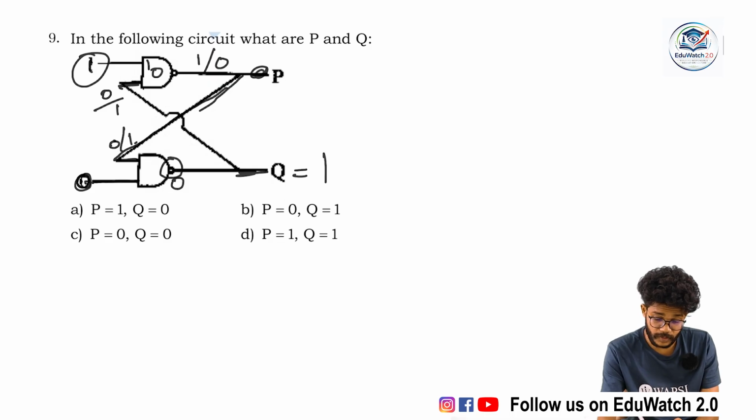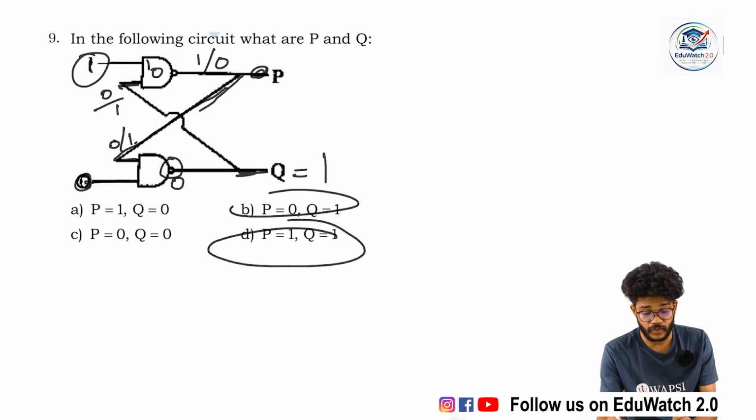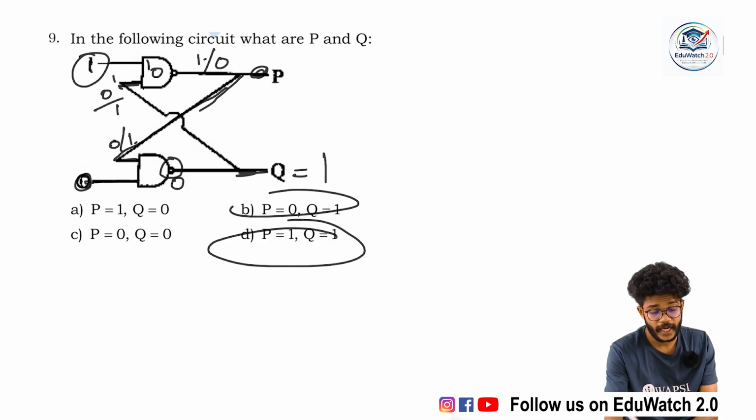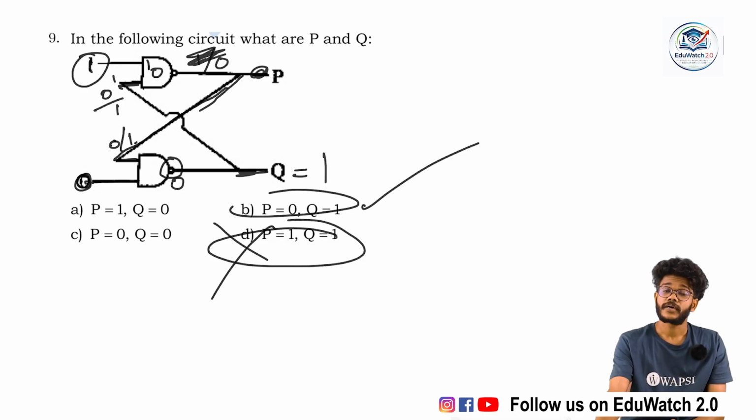So Q is 1, and we want to check P. When Q is equal to 1, we can give this as 1, 1 into 1 is 1, and the complement of 1 is 0. So the only answer for P is 0. So P is 0 and Q is 1. Option B is correct and option D is wrong.